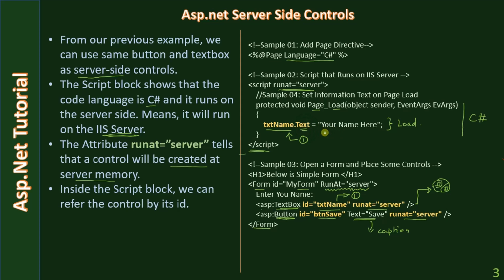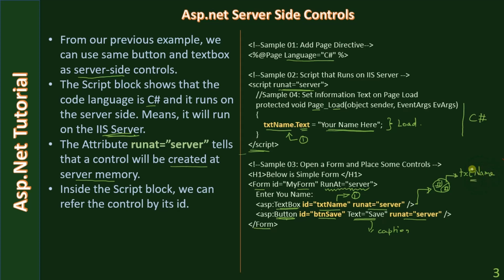Using this Text property, we are setting certain text to the control. So inside the script block, we can refer the control by its ID, so txtName, and if you see it's txtName, that means the in-memory control is named as txtName. Whatever you provide here as ID, with that same name the runtime control or in-memory control is referred.